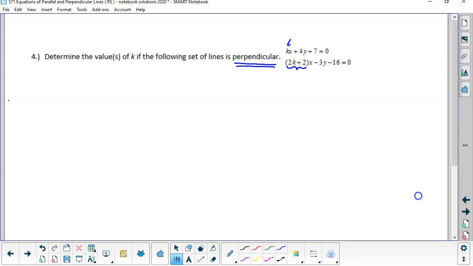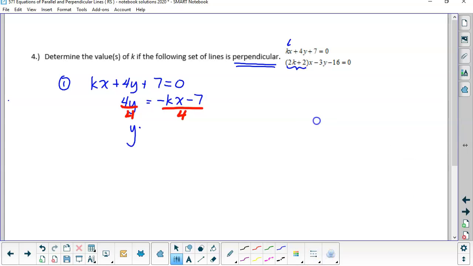Okay, so again, if we do this the long way, then, for my one equation, y is positive here, so I'm actually going to leave it on the left and bring the other terms to the right, and then divide by 4. Okay, so I got y equals negative k over 4x minus 7 over 4. Okay, so your slope is negative k over 4.